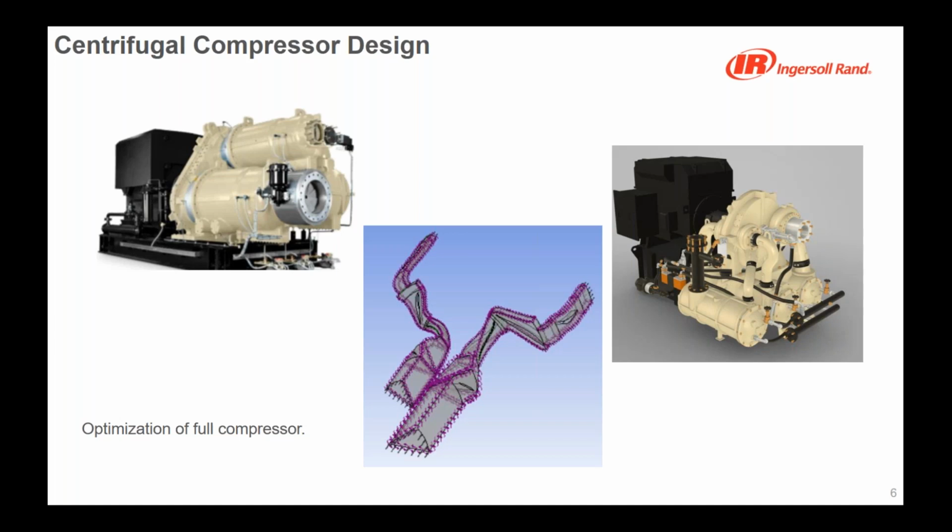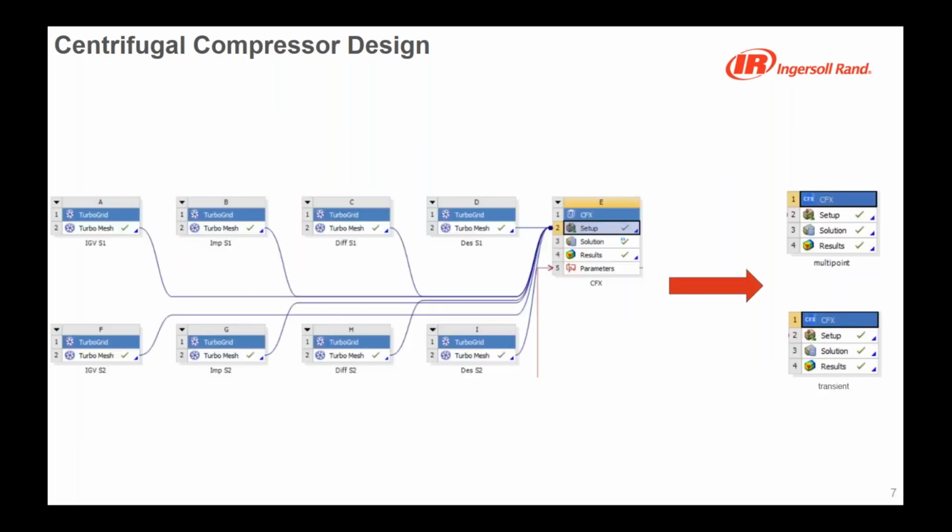Let's look into details of what happens in this specific case in a CFX environment. You can see we get from external software all the necessary information about the design of IGVs, impellers, diffusers, and of the exit element, and we run a TurboGrid mesh for each of them. Then we collect everything together into a design point, so a CFX block. From there, you can expand to a multi-point analysis or to a transient analysis.